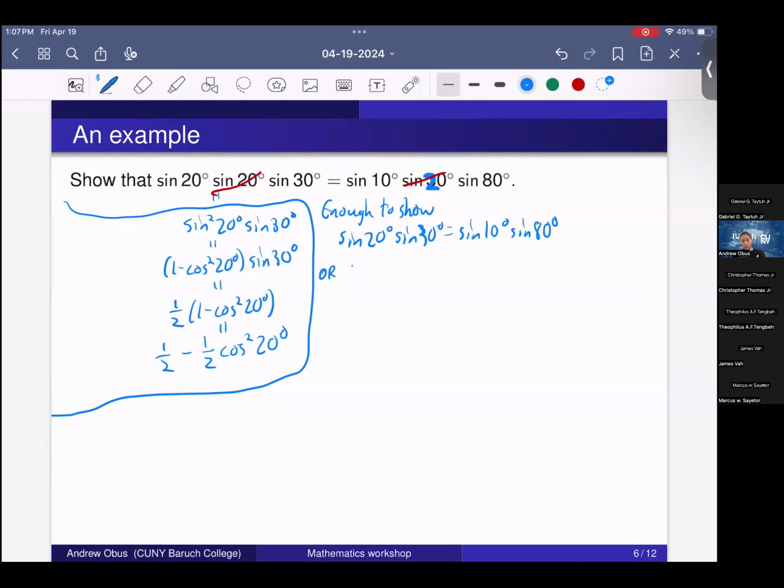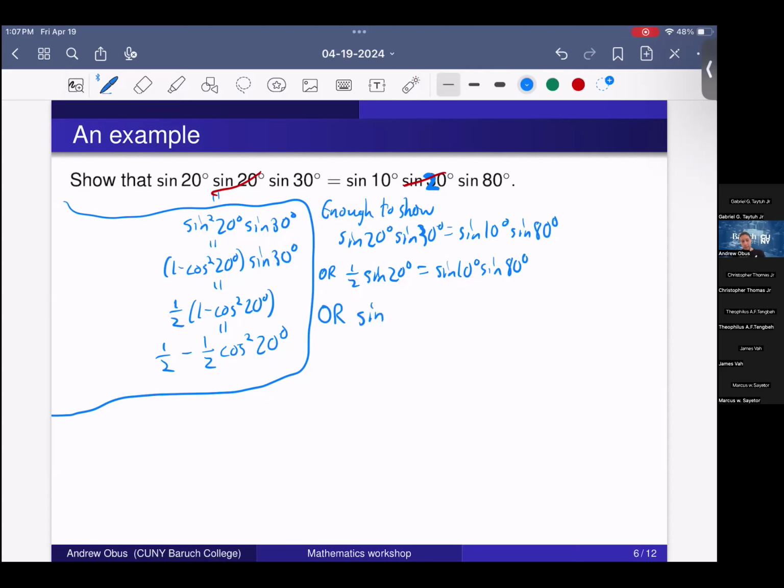We have 1/2 sine of 20 degrees equals sine of 10 degrees, sine of 80 degrees. Let me give one more step. I'm just going to move the 1/2 to the other side, multiplying both sides by 2.